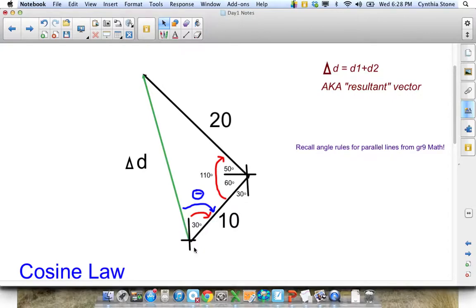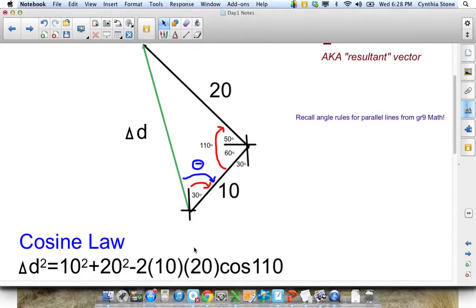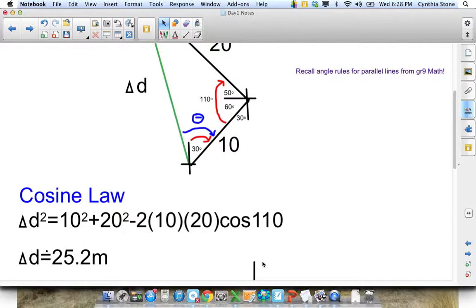So looking at the cosine law on this particular triangle, this squared is this squared plus this squared minus 2ab cos of the angle across, right? A squared plus b squared minus 2ab cos of the angle across from it. So just going through that process and solving, you get about 25.2, which you may remember from the last question is exactly the same.